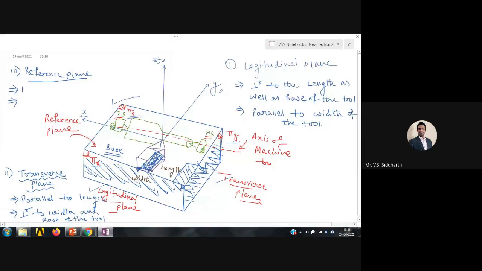This is parallel to the base of the tool and perpendicular to what? Parallel to the base of the tool and perpendicular to the length and width.